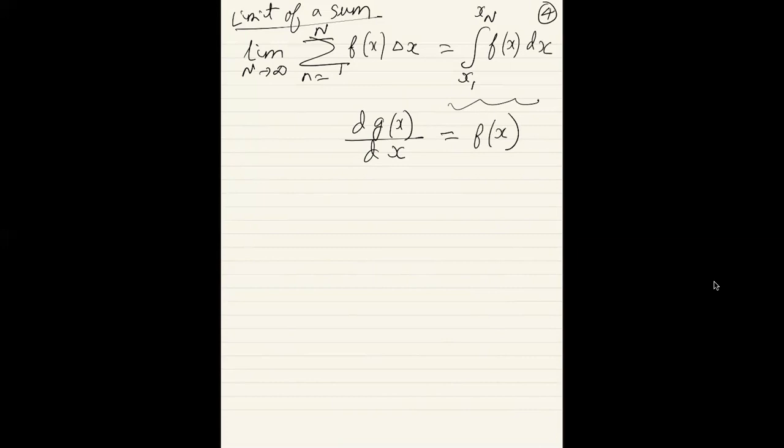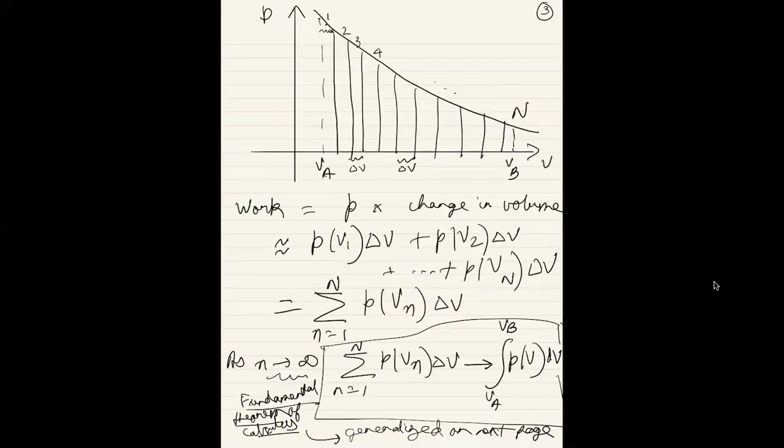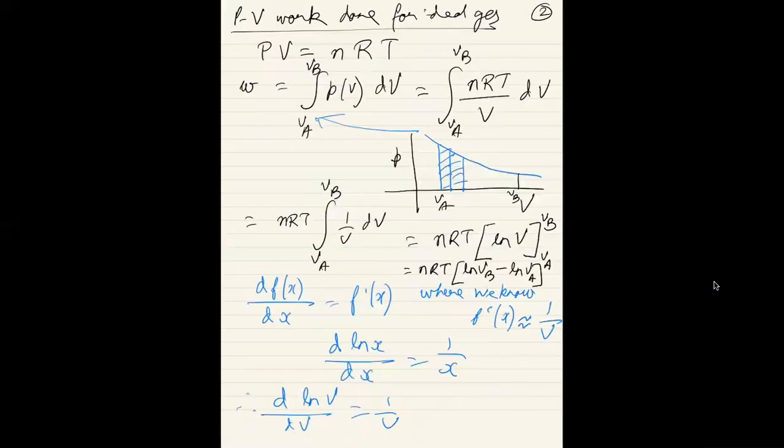So the operation of calculating the area under the curve by chopping it into very, very small parts has been split into something which at first glance seems completely unconnected: go and figure out the function differentiating which would have given us this function that we are trying to integrate. So this is a beautiful relation, and this is why we were able to calculate the work done by a gas by using this formula.